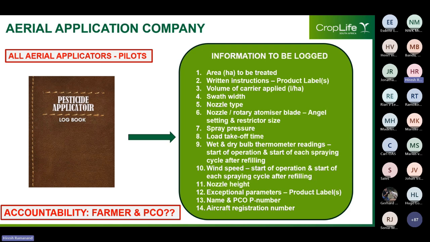All pilots involved in the aerial application of registered crop protection products, whether commercial or non-commercial operations, are required to log the following in a book, which must be corroborated and signed off by the farmer producer or their representative at the end of each operation, as I mentioned earlier.